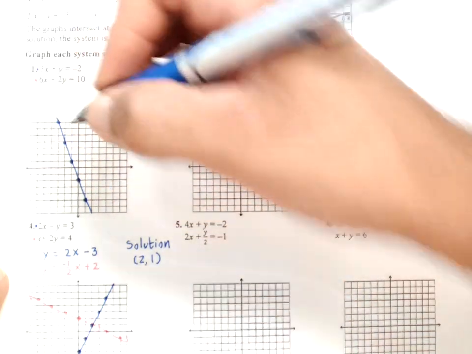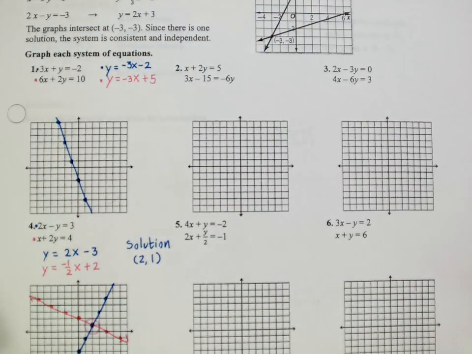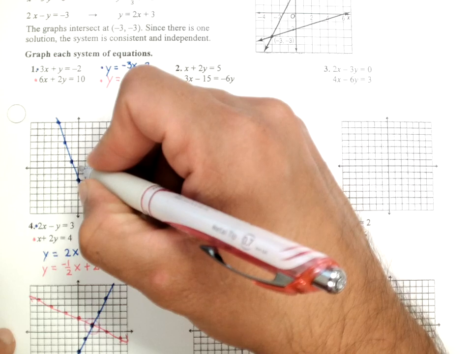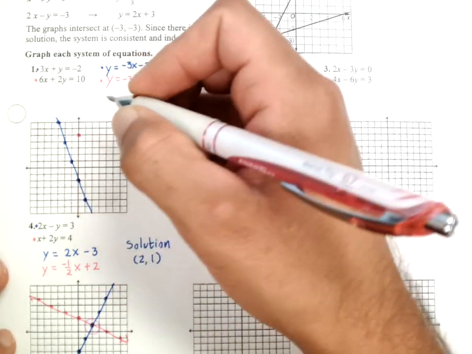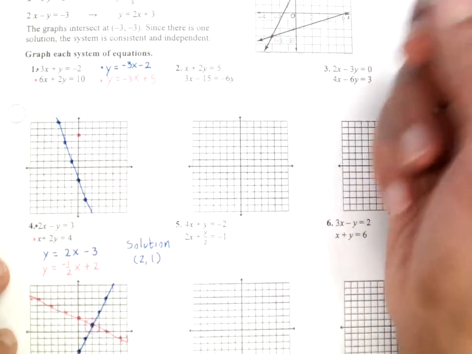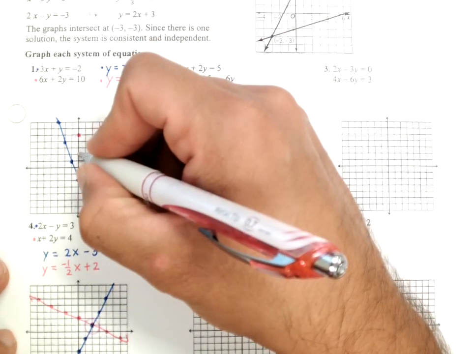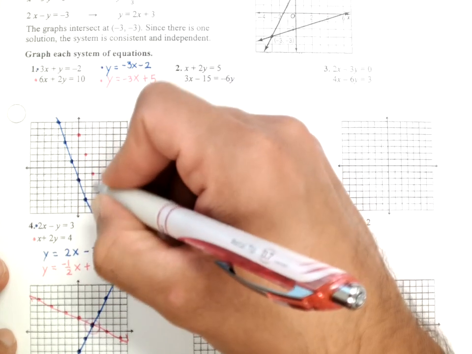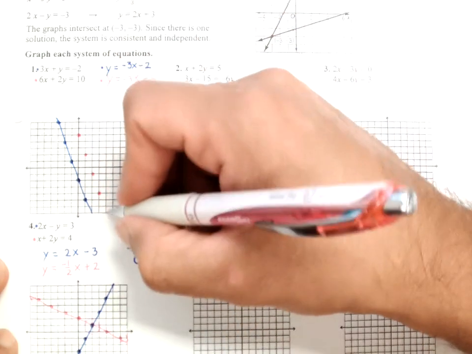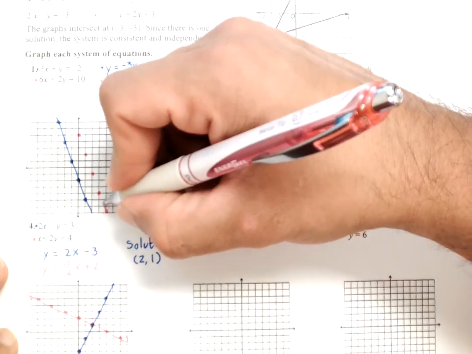There's that line right there. And on this one, the y-intercept is 5, so 1, 2, 3, 4, 5. The slope is the same as the other one, so it's down 3 over 1, down 3 over 1. If we graph this, we get something like that.